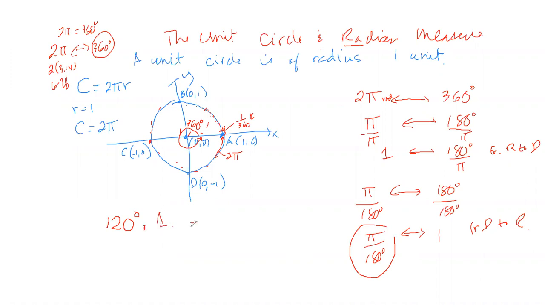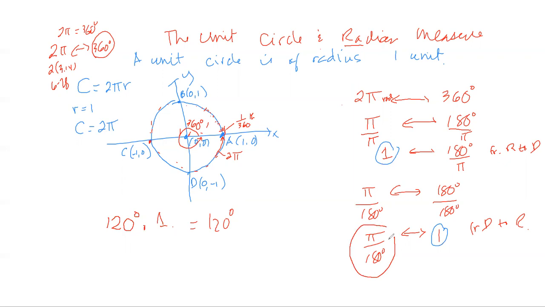Okay? And then, what is this one here? You have to choose between this one here or this one here. Now, what is our choice? If you have a degree here, your denominator should have the degree so that it will cancel off. So that means the conversion factor should be this.